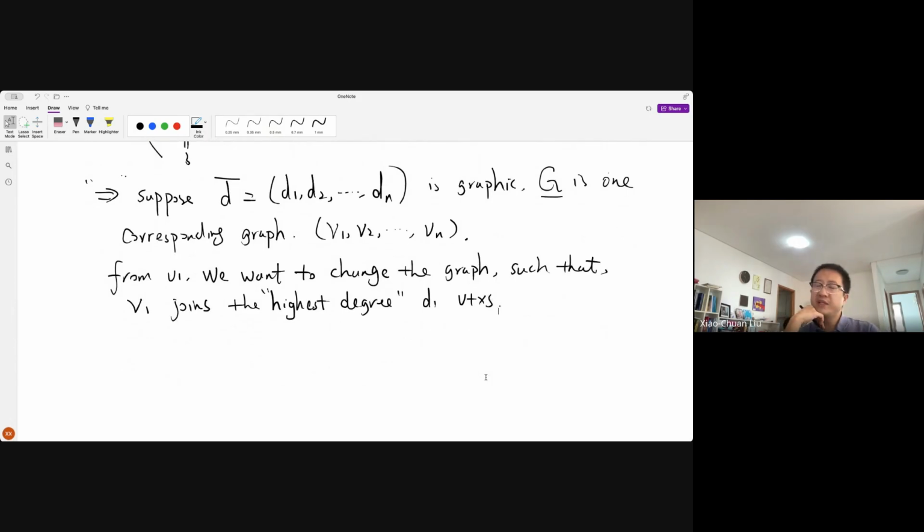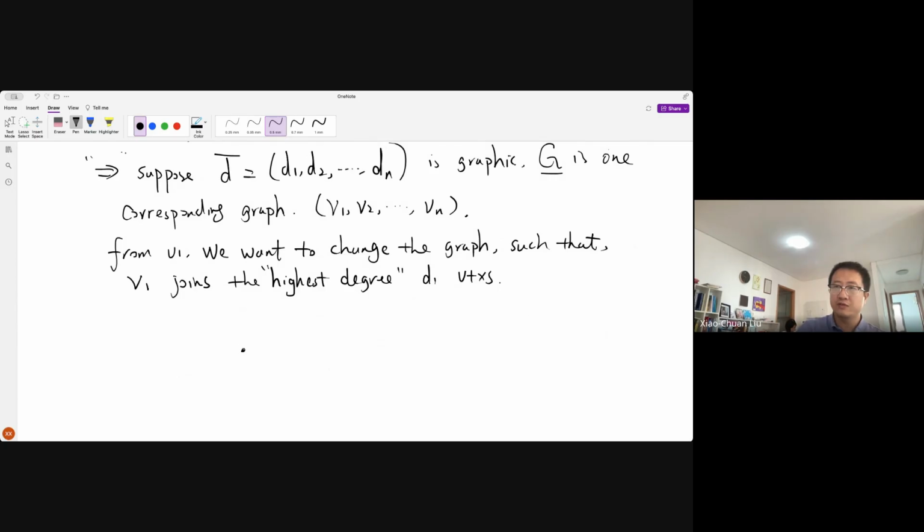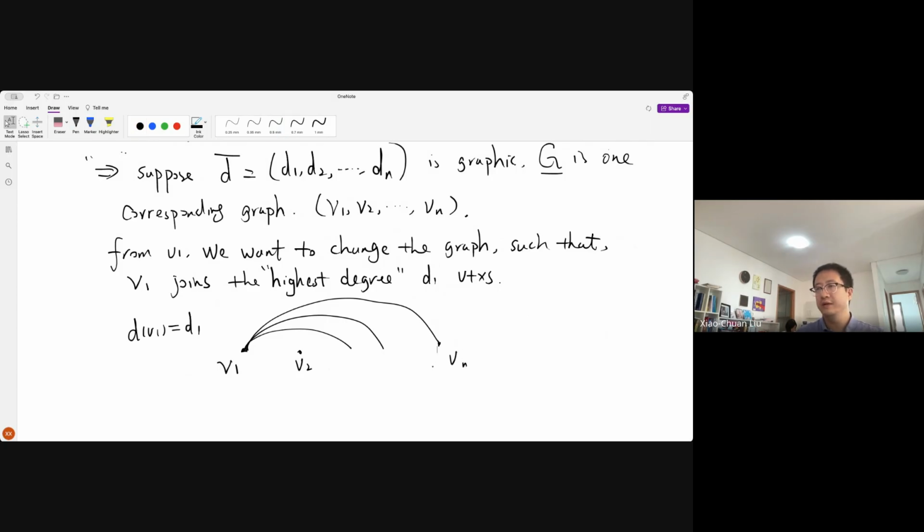In the beginning, this is not necessarily true. So let's draw some rough graphs. This is V1. D1 is fine, it has the maximum degree, so it may be joined to some vertices, like V2, for example. But maybe V1 is joined to a vertex Vn.